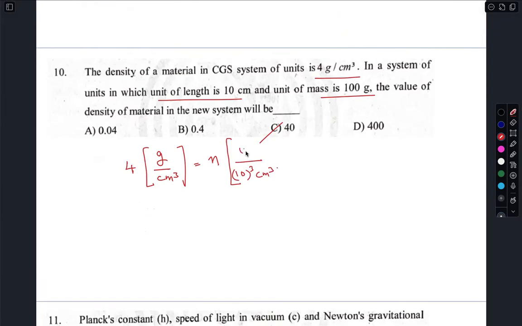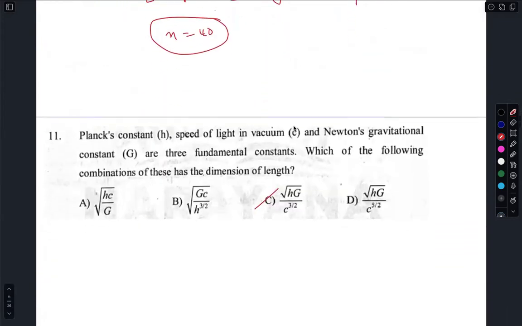So finally I'll get n as the answer. N is 40 units. See, when you are expressing a quantity as 5 Newton, this is the units and this is the measure. So the measure in that unit is 40. Done. Good. Keep going.